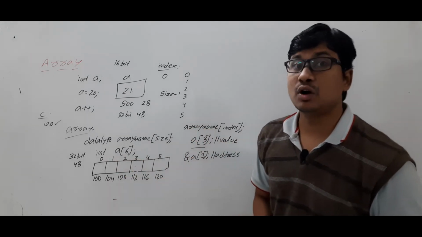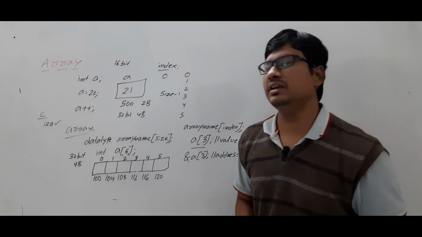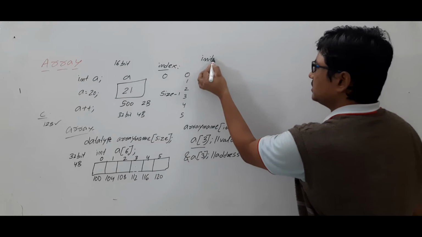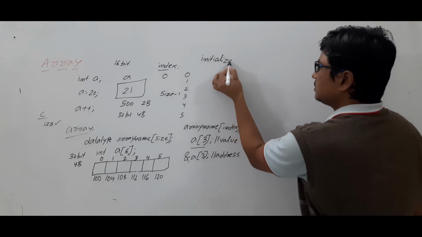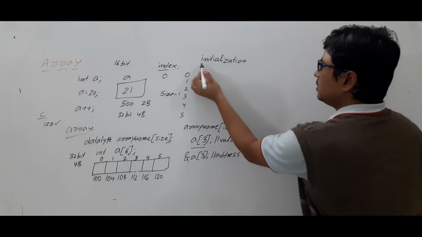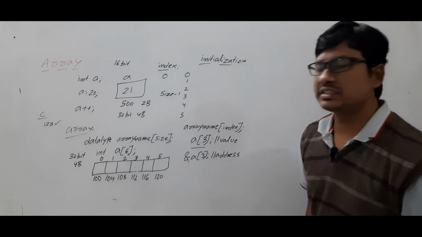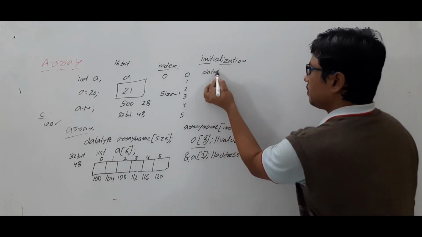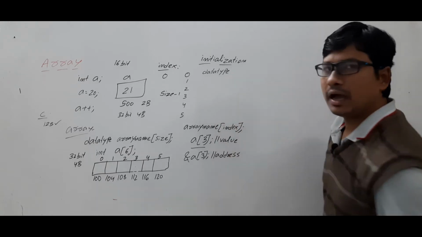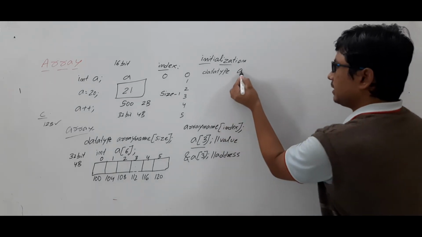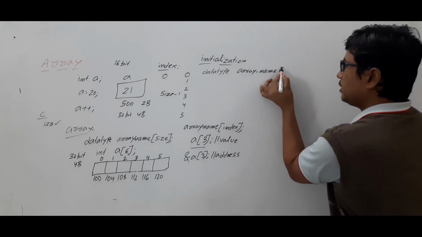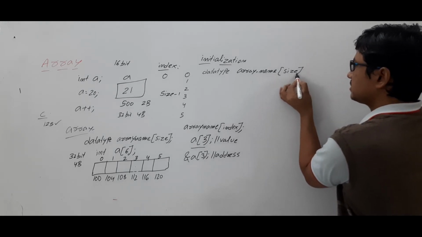Now let me discuss how to initialize the elements in the array. Okay, let me discuss initialization. The generalized syntax of initialization is, you will have the data type, you will have the array name, and you will specify the size.